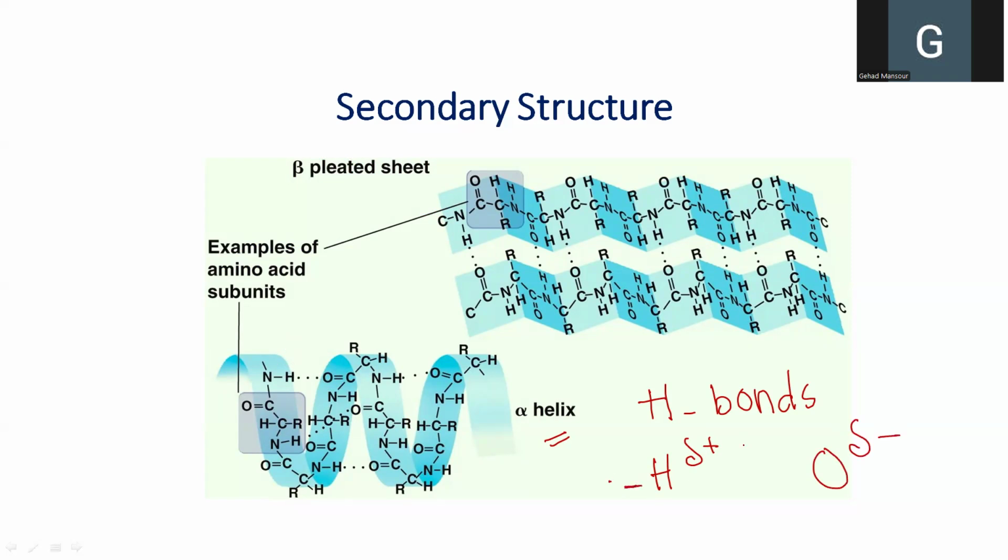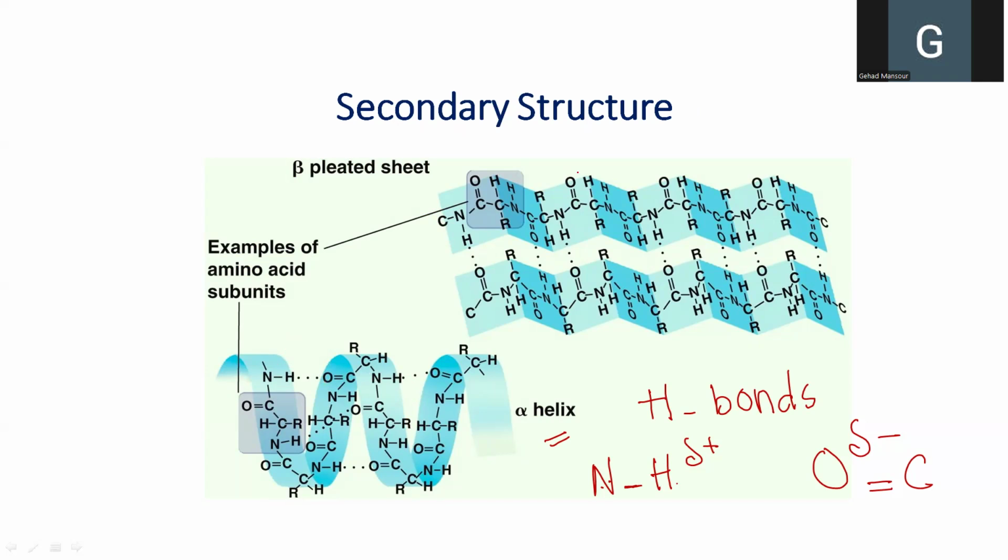The partially positive hydrogen comes from an NH group of one peptide chain, and this oxygen comes from a carbonyl group of the amino acid that comes fourth down the chain. Of course, if you make these bonds, then you're going to force the peptide chain to be folded.